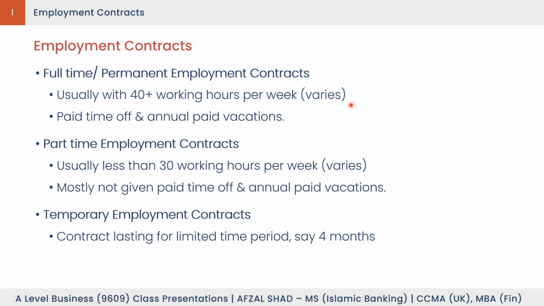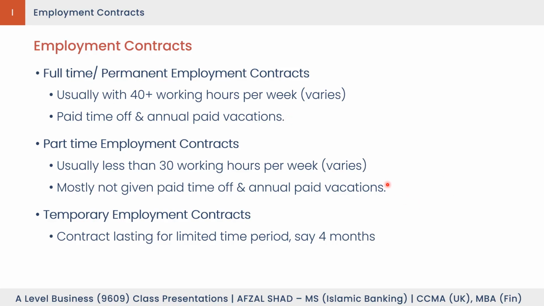Who is the part-timer? The person who is working approximately less than 30 to 34 hours a week is called a part-time employee. Such employees are not given paid time off and annual paid vacations. The full-timers have annual paid vacations. The part-timers don't have it.